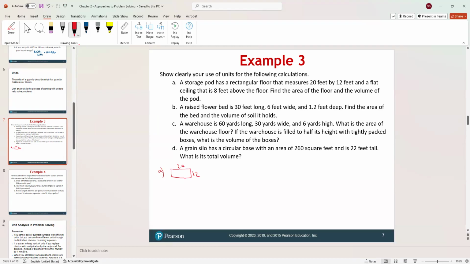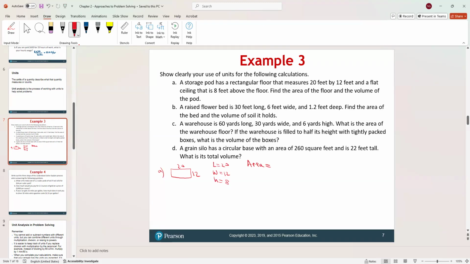In these examples, we can consider that we have the length 20, the width 12, and the height 8, right? Find the area of the floor. Well, it's very easy for us to find the area of a rectangle, right? What is the area of a rectangle?